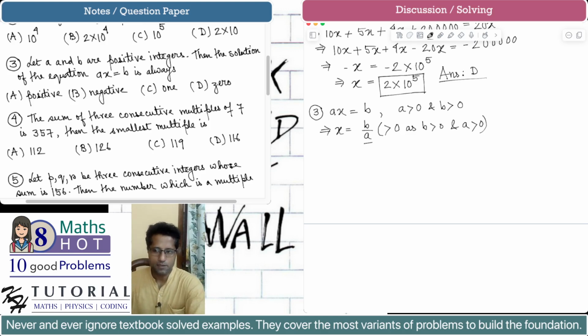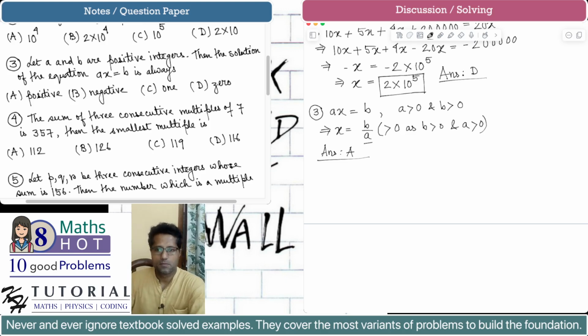In the division of two numbers, if both are positive or both are negative, the result is positive. The result is negative only when one of them is negative. So the correct choice will be positive, A. A is the correct choice.